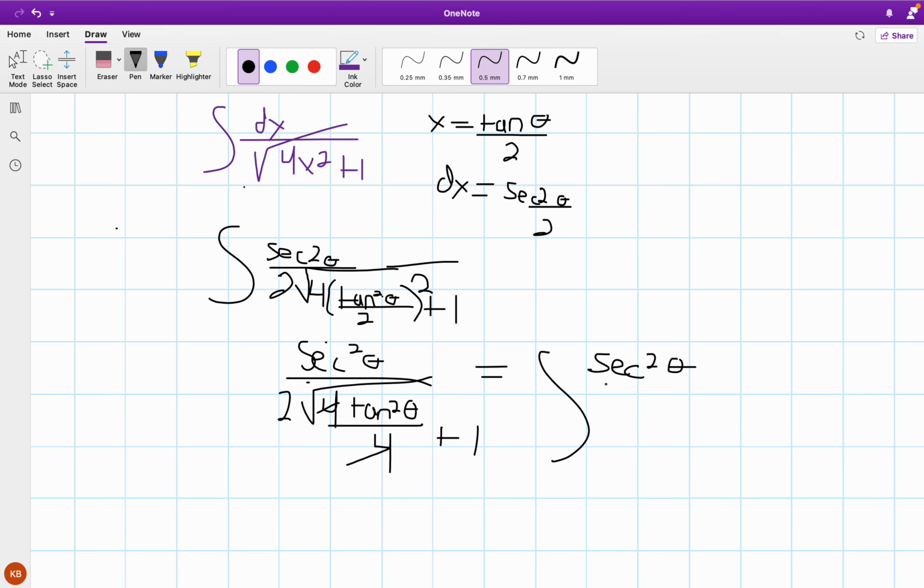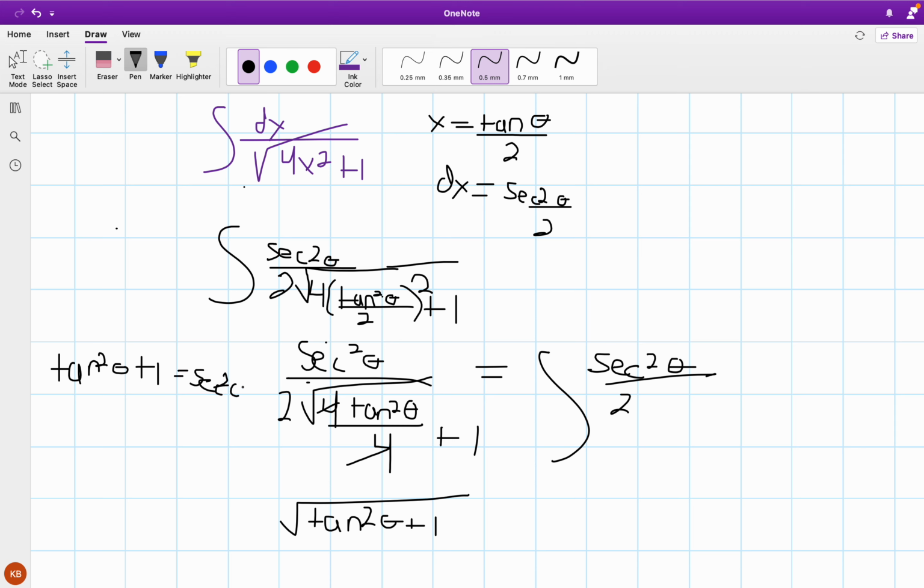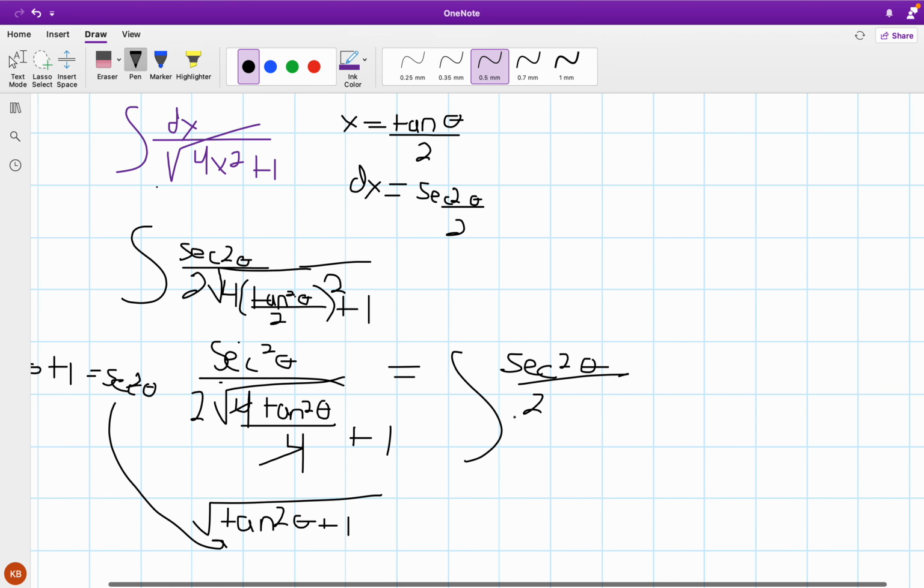So if we look here, what's in that square root now will just be tan squared theta plus 1. And we know that tan squared theta plus 1 equals secant squared theta by just our regular identities. So we're going to actually substitute secant squared theta. So it will be secant squared theta.